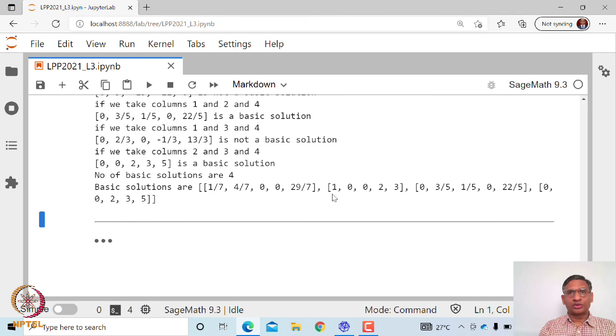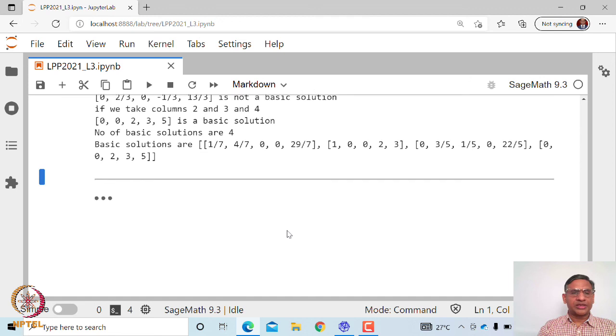If I want to solve this linear programming problem using the brute force method, that is, find all basic feasible solutions, find the value of the objective function at all of them, compare these values and choose the one which gives the smallest or the maximum, it will be very, very time consuming. That is why you need a systematic method of solving linear programming problems, so that you don't have to go through finding all basic feasible solutions.